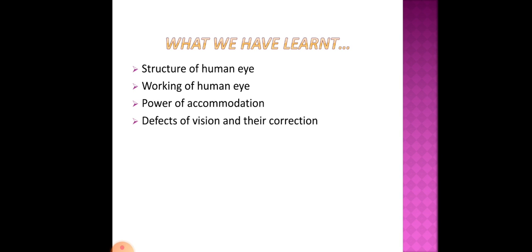We discussed in detail in the last class what myopia and the other defects are and how they can be corrected by using a suitable lens of proper power. So this is what we have discussed in the last class.